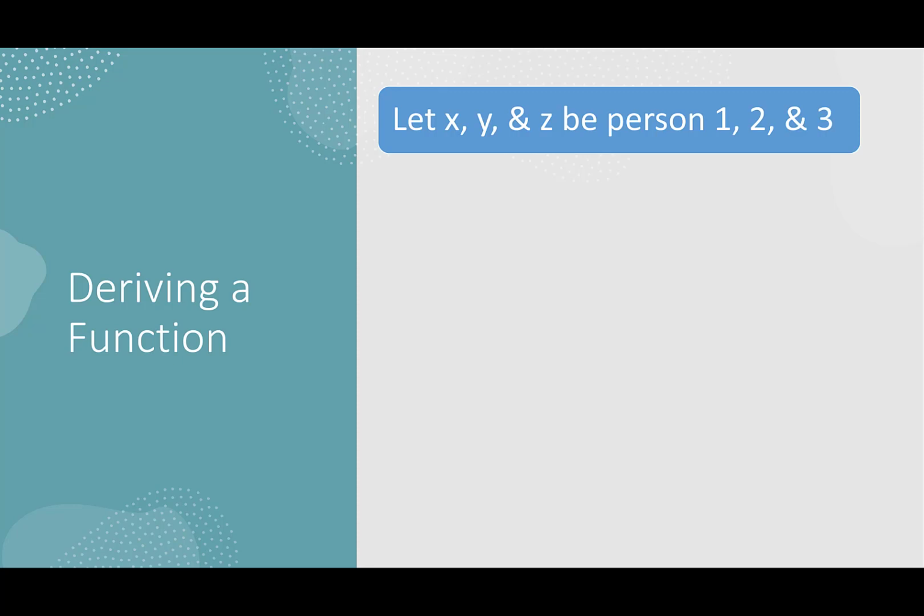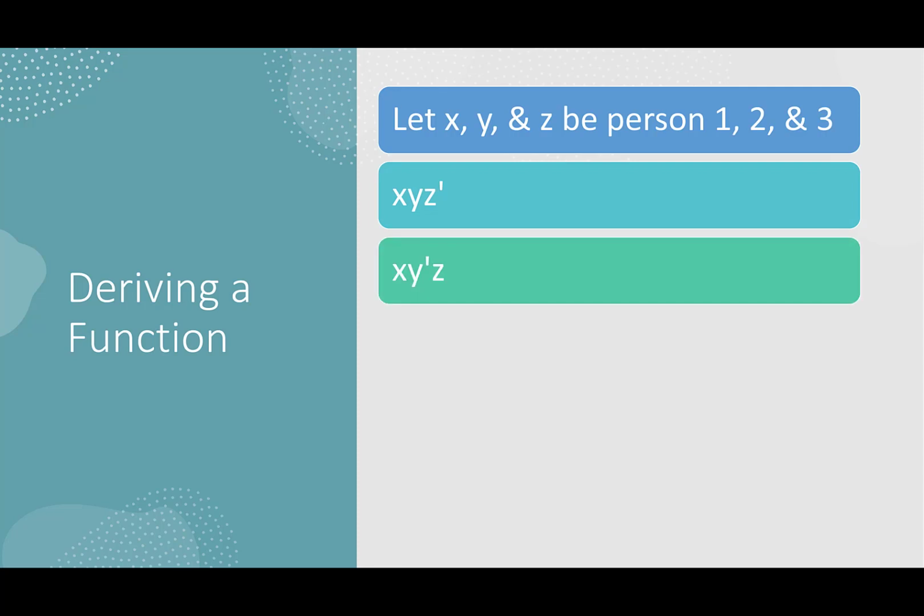So if we get x being 1 and y being 1 and z being 0, that's valid. Or if x is 0 and y and z are 1, then that's valid, and so forth, right? So in other words, that's a valid scenario where we want the output to be true, or 1, right? We have a yes vote for x, a yes for y, and then a no from z, but that's okay because x and y said yes.